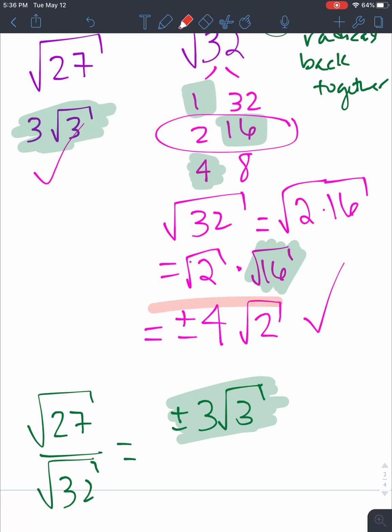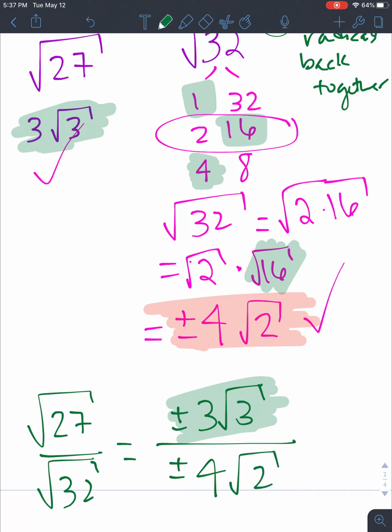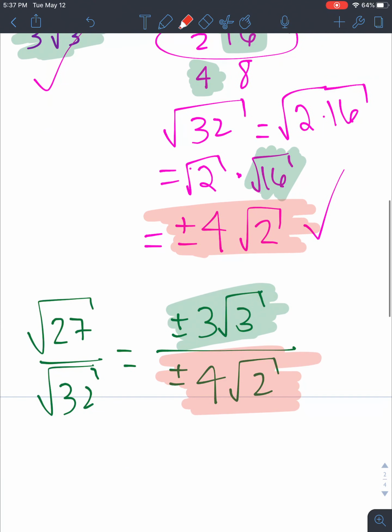But we also have that square root of 32, which is plus and minus 4 times the square root of 2. All right, so I'm going to replace my square root of 32 with plus and minus 4 times the square root of 2.